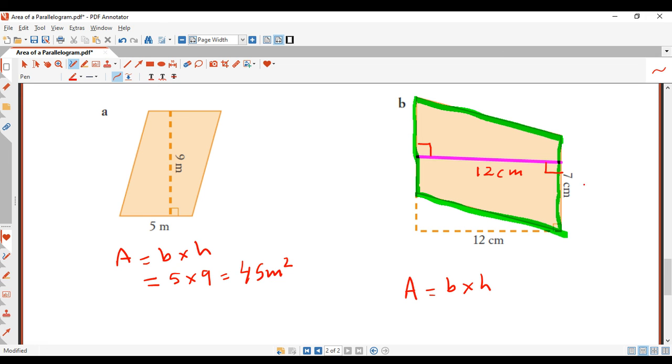If that's the height, this is the base just there. So base times height is 7 times 12, which is 84, and it's centimeters squared.